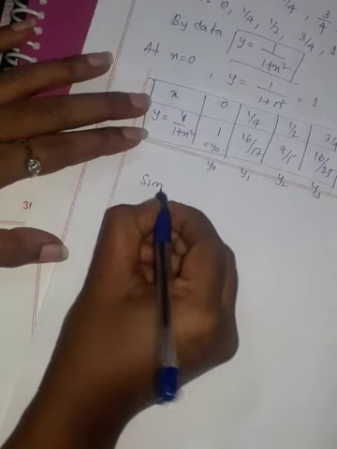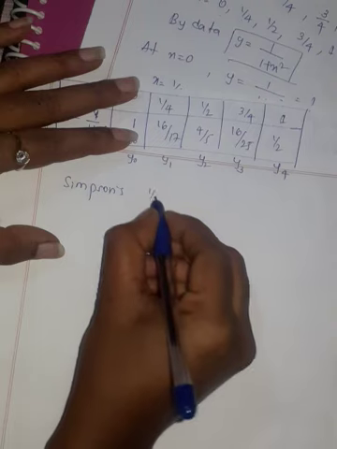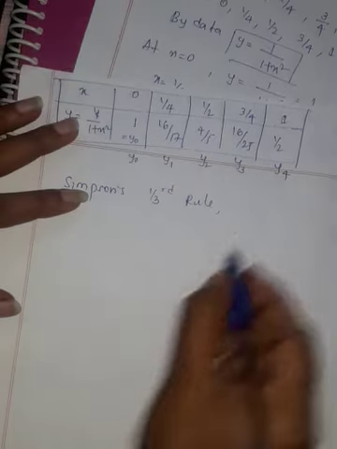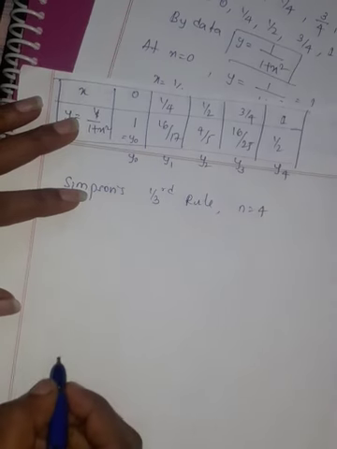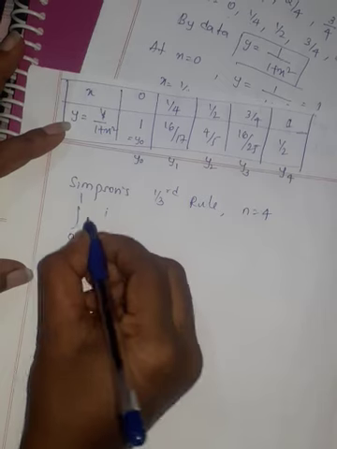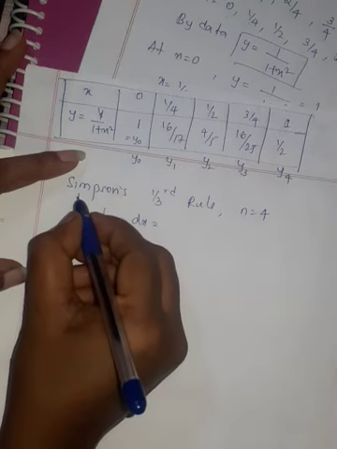Simpson's 1/3 rule, where n is equal to 4, for the integration from 0 to 1 of 1 divided by 1 plus x square dx. What is the formula? In general we will write it first.